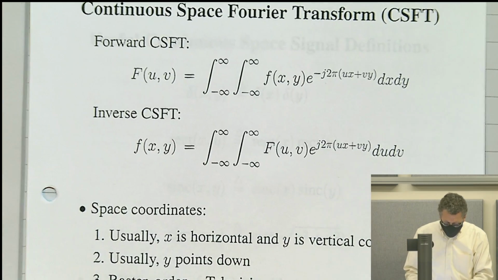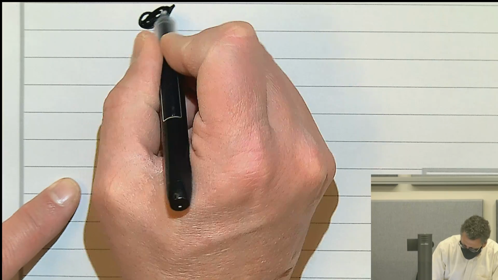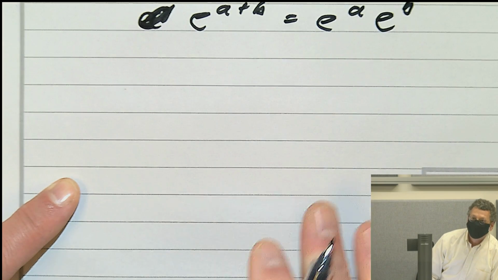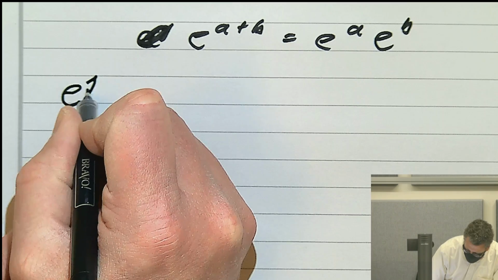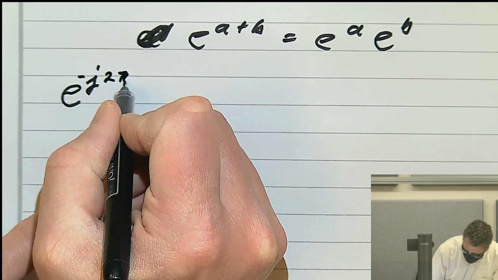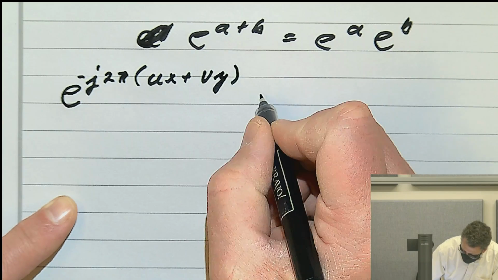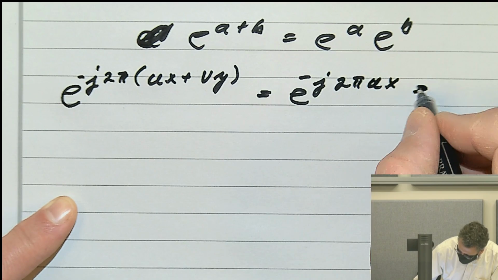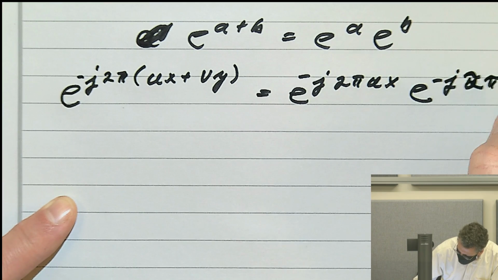And the beauty of this is that because of the property of the exponential, e to the a plus b is equal to e to the a times e to the b, right? That's a very beautiful result, which is super powerful, because if you write e to the minus j 2 pi (ux plus vy), that's equal to e to the minus j 2 pi ux times e to the minus j 2 pi vy.